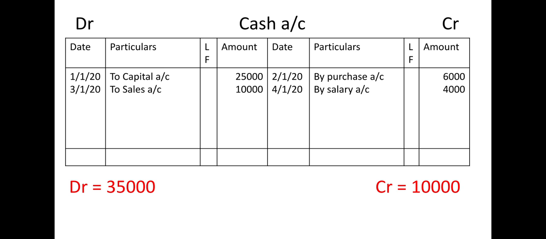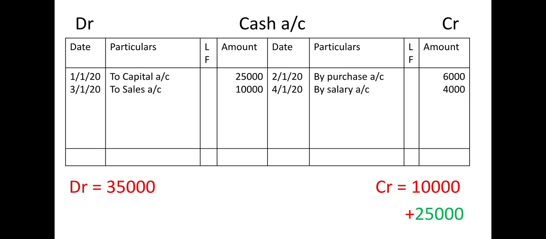On the debit side it is already 35,000, but I want 35,000 on the credit side also. Can you tell me how much I should add on the credit side so that the total of both sides comes to 35,000? Yes, you are right, students, 25,000.